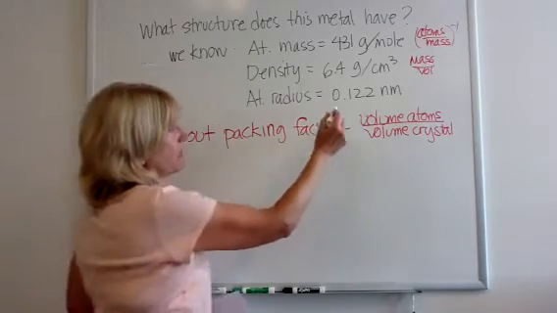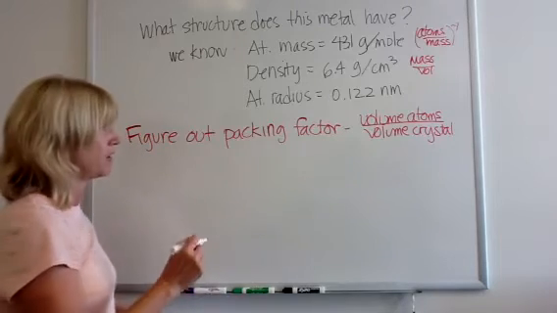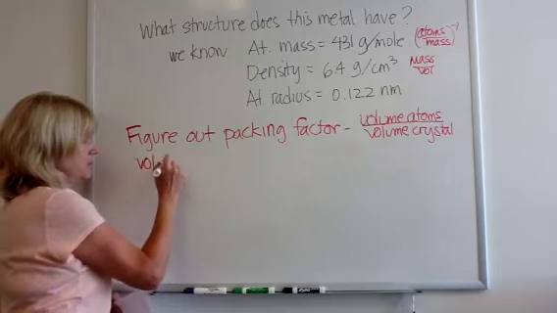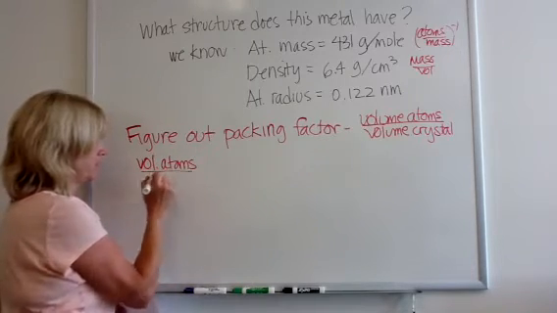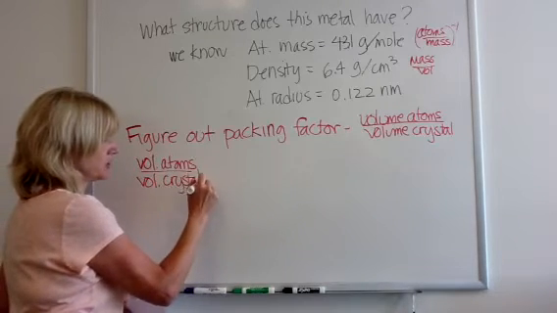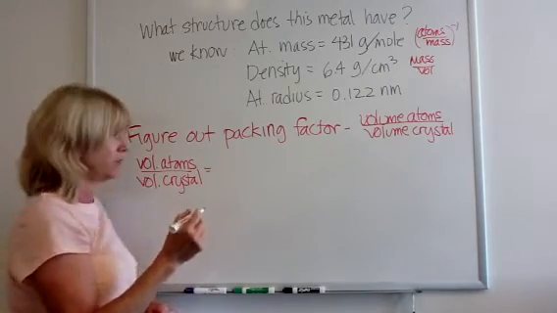And we've got the radius here of the atom, so we should be able to figure this out. We have to think about finding the volume of atoms and their hardball spheres divided by the volume of the crystal. So now it's just a matter of thinking through this problem in terms of the units.